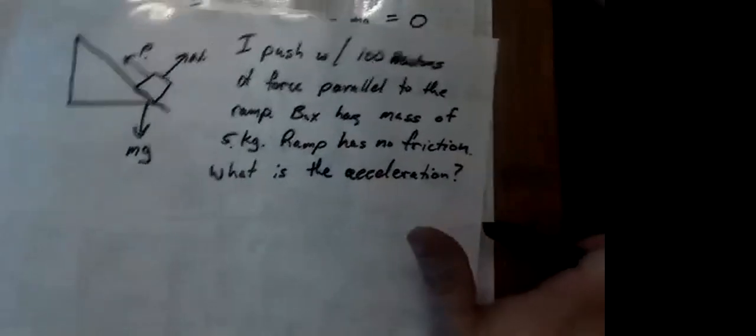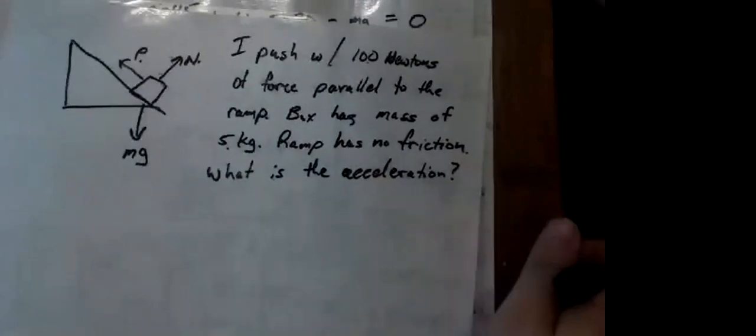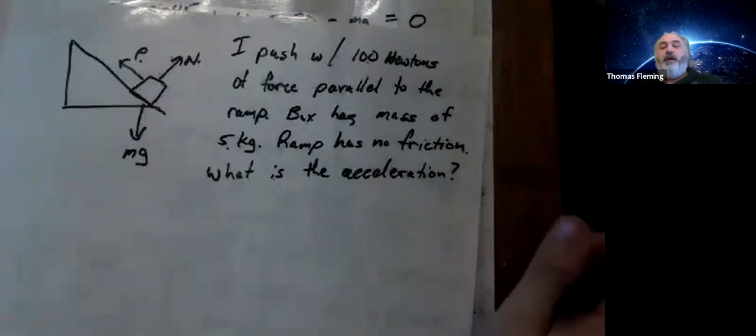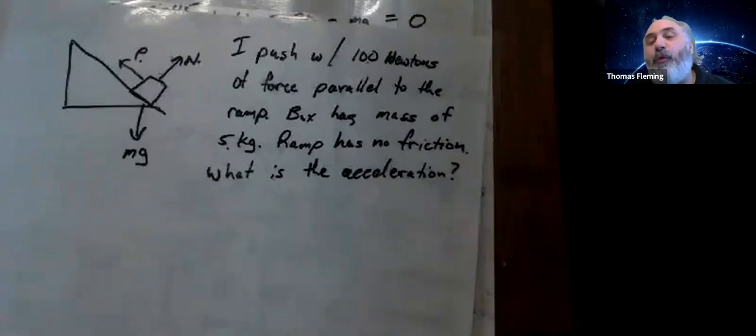Okay. So step 2, we're going to choose a coordinate system, and we're going to break those forces up into that coordinate system. And this is where the trick is going to come in. This is the part that's tricky. Because technically, you can pick any coordinate system you want. If you want up to be the x direction and sideways to be the y direction, whatever.